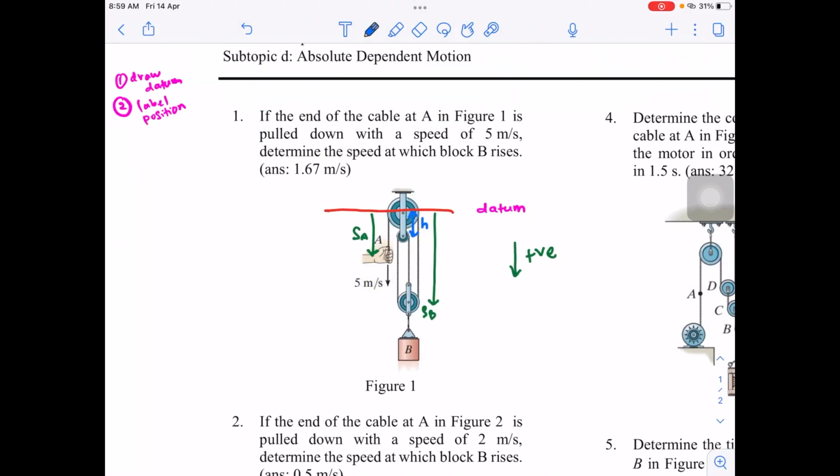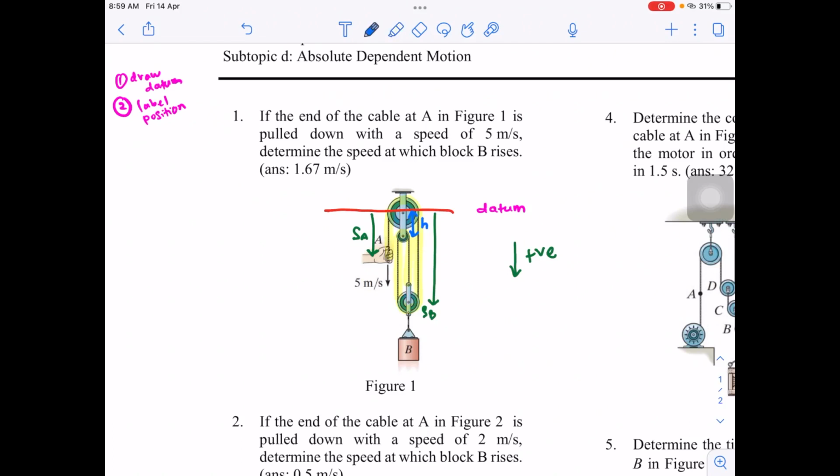So next, you just sum up all the rope length. Okay, sum up all the rope length. So kita start daripada, let's say kita start daripada bawah lah. Kita start daripada A ni, naik ke atas semua ni, ukur semua ni. Okay, you measure all the rope length.